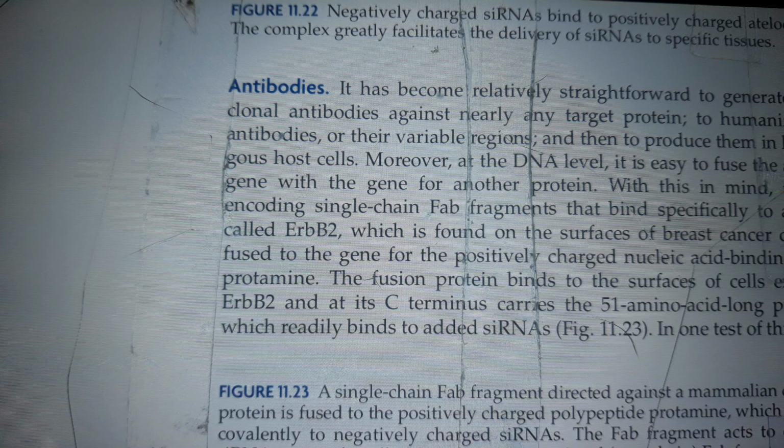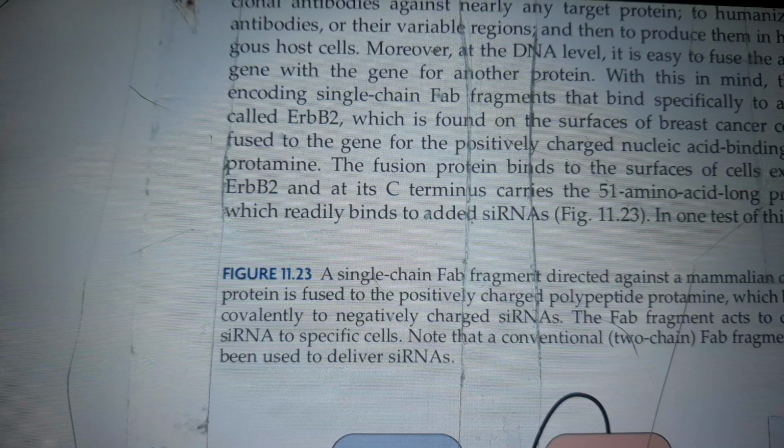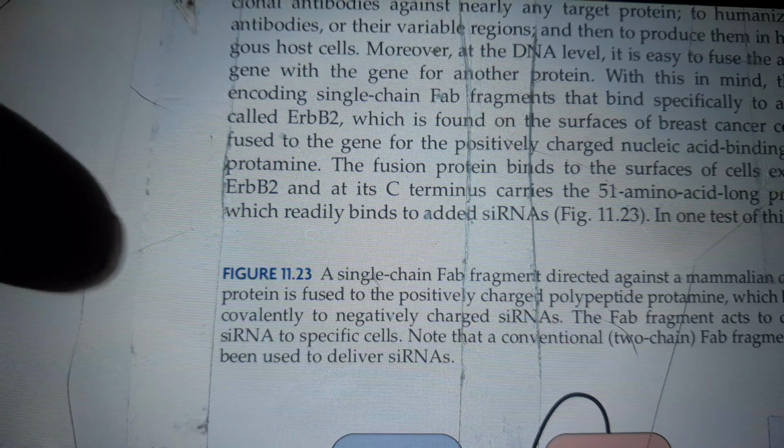With this in mind, the gene encoding single chain fragments that bind specifically to a protein called ERBB2, which is found on the surfaces of breast cancer cells, was fused to the gene for the positively charged nucleic acid binding protein, protamine. The fusion protein binds to the surfaces of cells expressing ERBB2 and its C-terminus carries the 51 amino acid long protamine, which readily binds to added siRNAs.